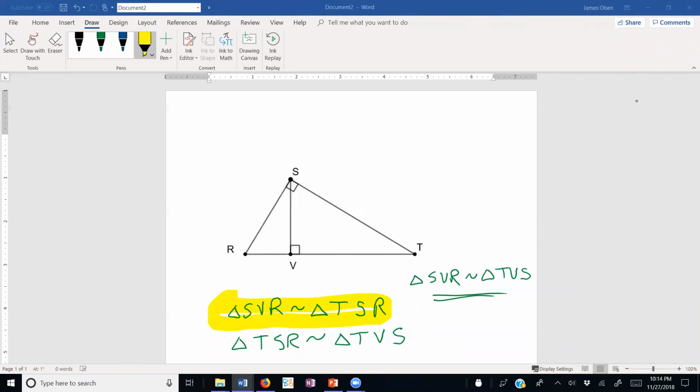So what we might do is reflect triangle SVR. Oops, let me get a proper pen here. We might reflect triangle SVR over the line that is perpendicular to RT through point R. And that gives us this green triangle.